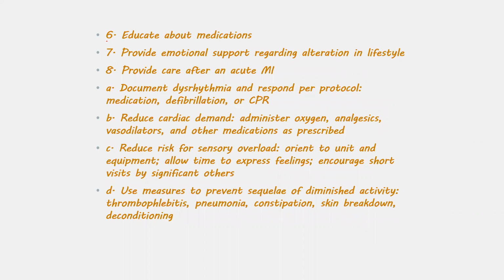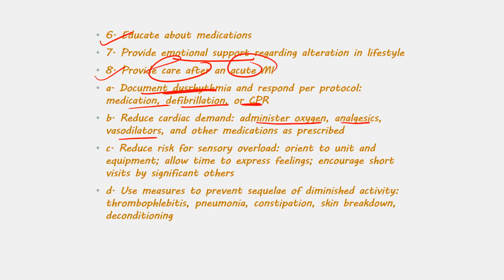We have to educate the patient about medications and provide emotional support regarding alteration in lifestyle, and provide care after acute MI. So in care, we have to document dysrhythmias and respond per protocol. Medication, defibrillation, or CPR can be given according to the protocol. Reduce cardiac demand. So we have to administer the oxygen, analgesics, vasodilators should be given, and other medications as prescribed.